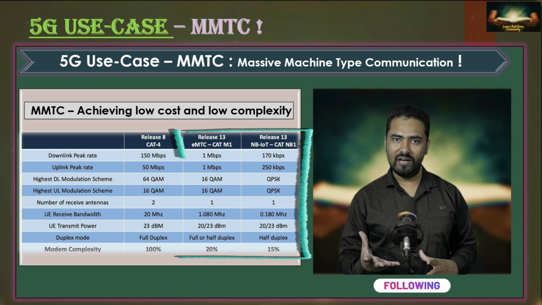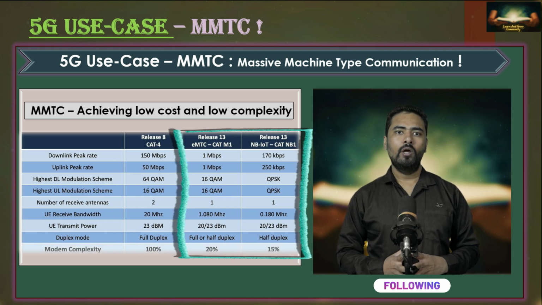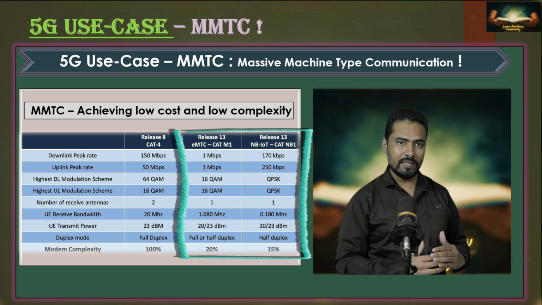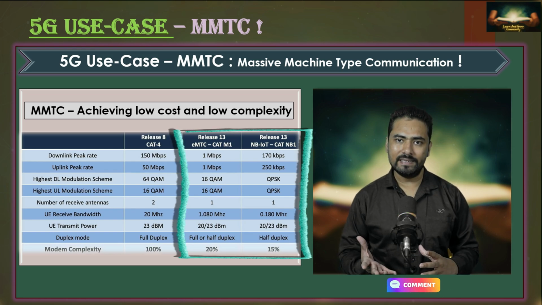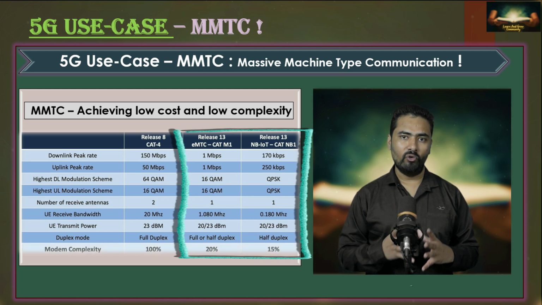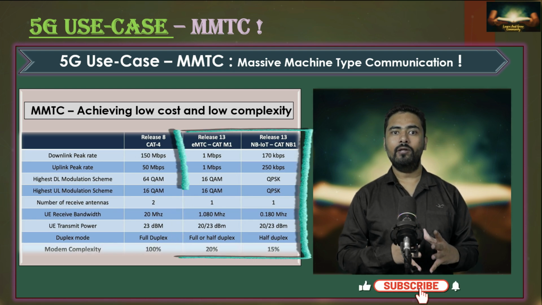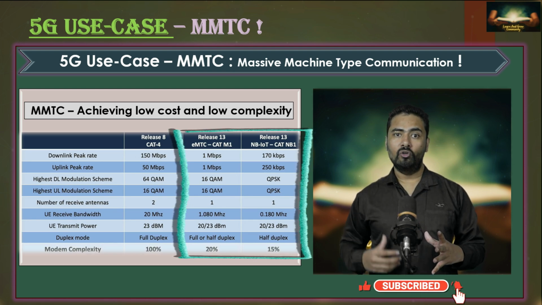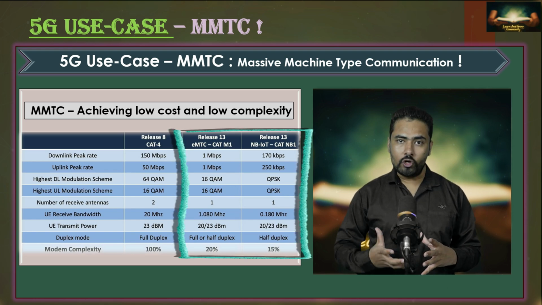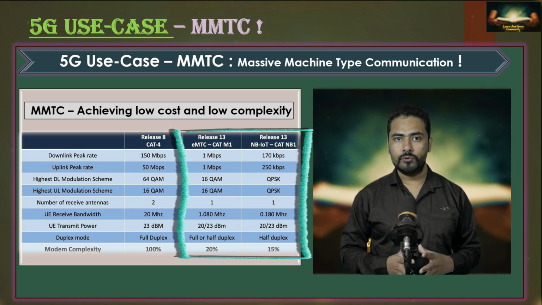Because mMTC devices send very little data, their peak data rates were reduced to under 1 Mbps for eMTC and a few hundred kilobits per second for narrowband IoT. Also, the modulation schemes were limited to 16 QAM and QPSK. Because of these reductions, the complexity of the devices is reduced and the cost is also significantly reduced.